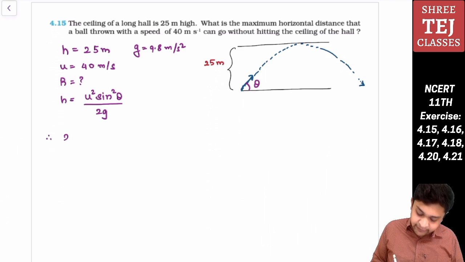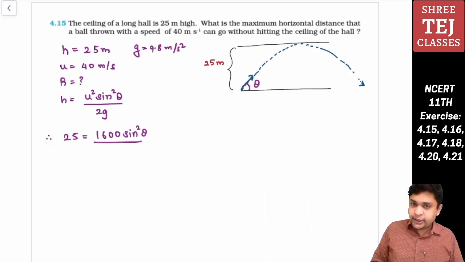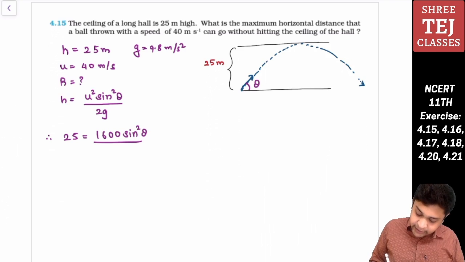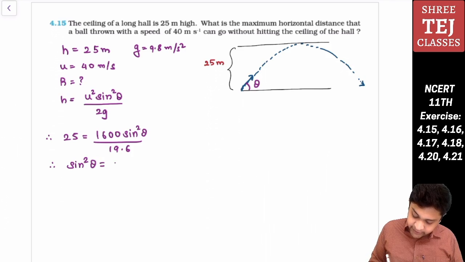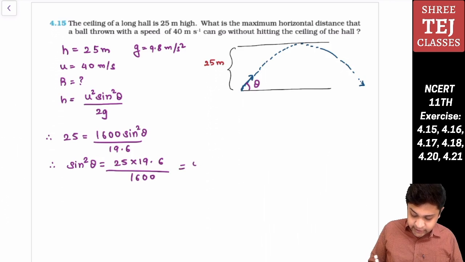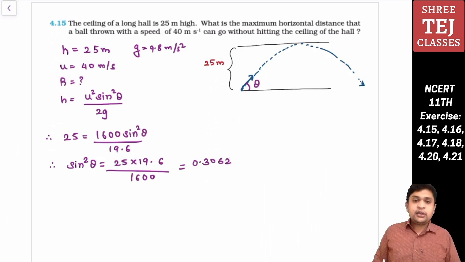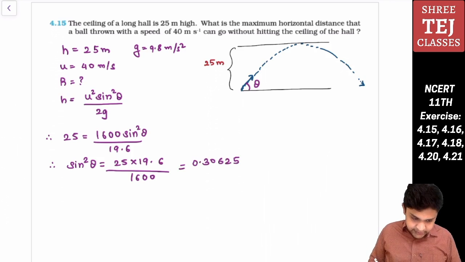So 25, u is 40, so u square is 1600, sine square theta divided by 9.8 into 2 is 19.6. Therefore, sine square theta is 25 into 19.6 divided by 1600, which will come out to be 0.30625.